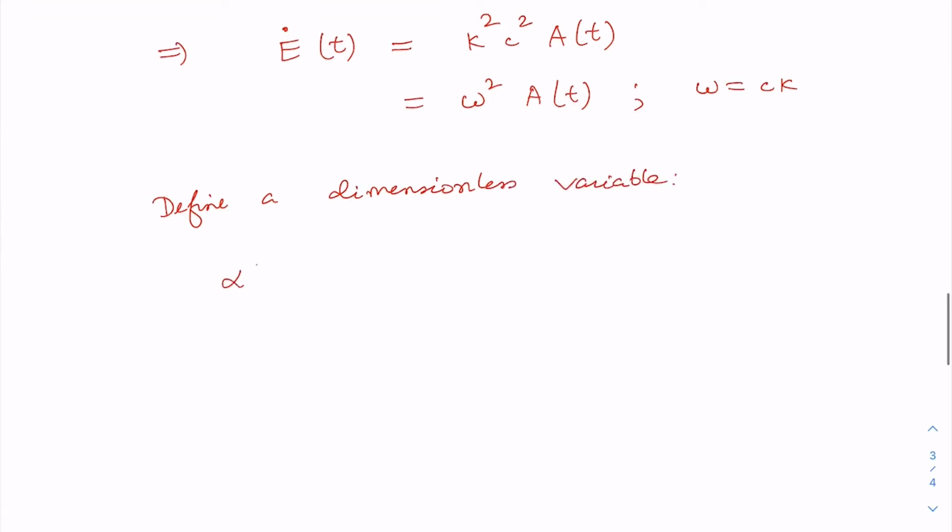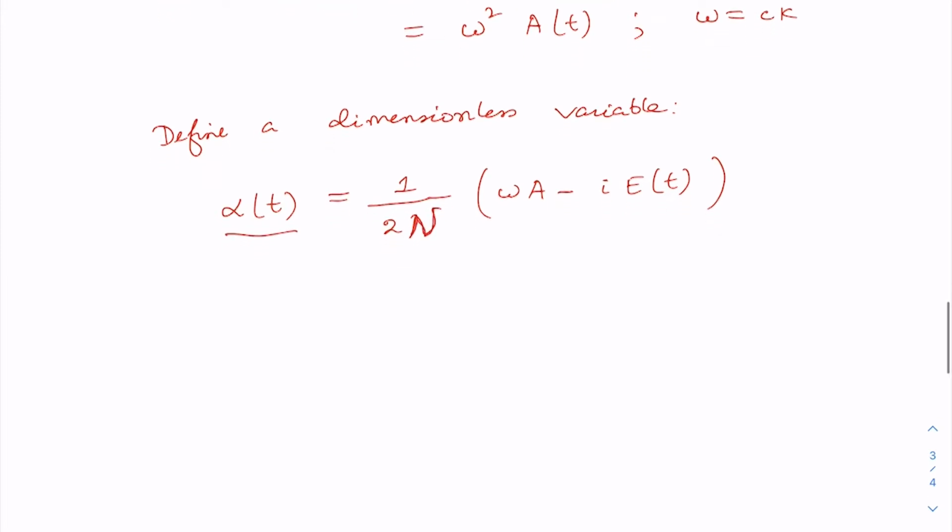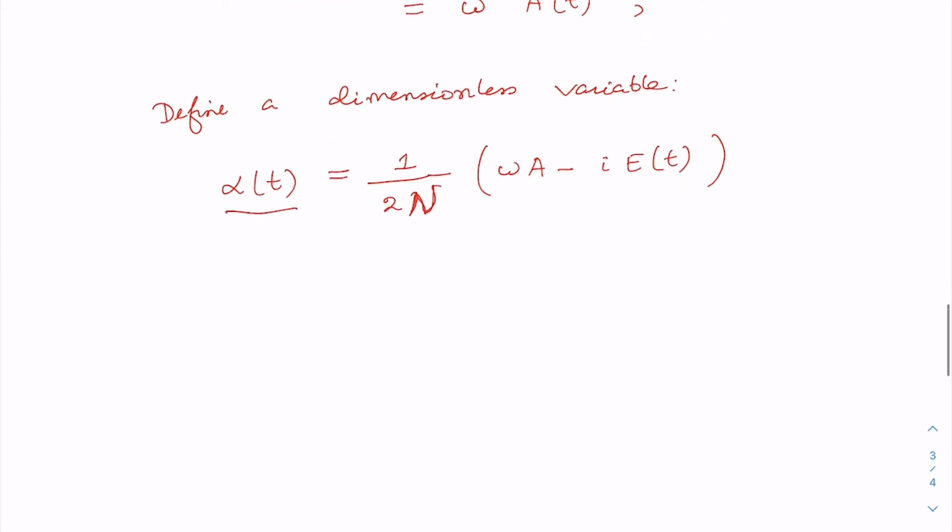Say alpha(t) is equal to 1 by twice some normalization factor N omega times (omega A minus i E(t)). This normalization factor, if you look carefully, because alpha(t) is dimensionless, should have the dimension of electric field.